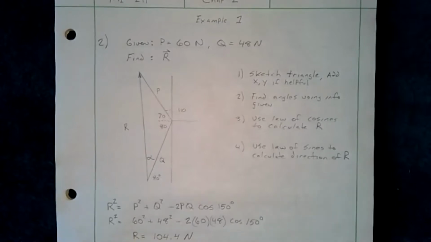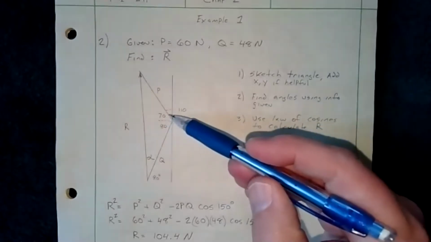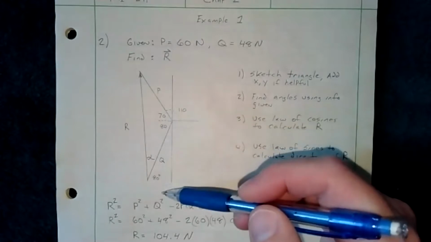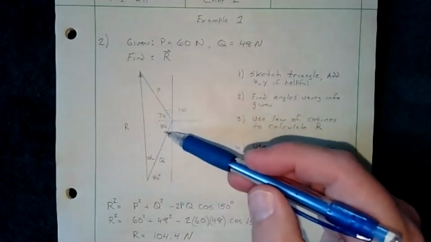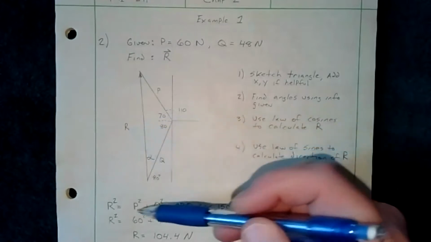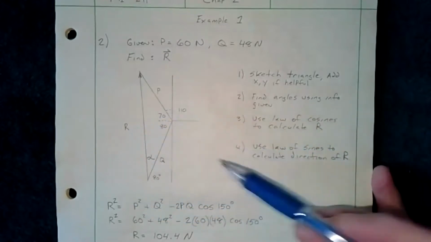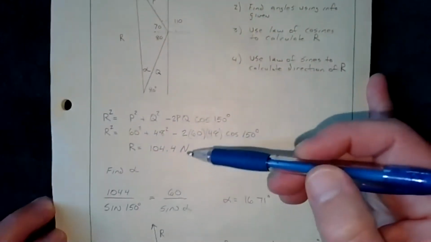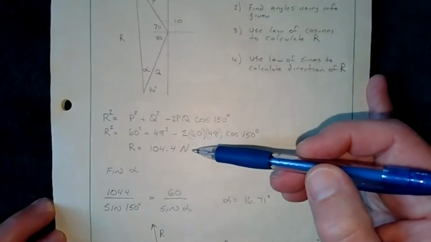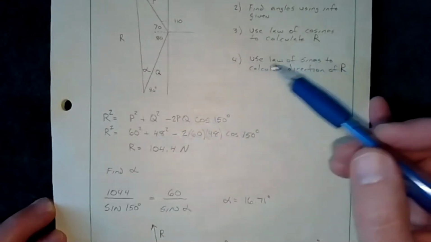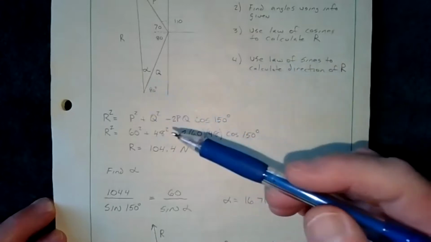We want to find R. This included angle from the geometry of the problem is 150. You can find it fairly easily. I'm not going to go over how to do it because it's simple geometry. Once you get that, you can plug it into the law of cosines and get 104.4 newtons. Then we want to know our direction, because we want the magnitude of R and its direction.